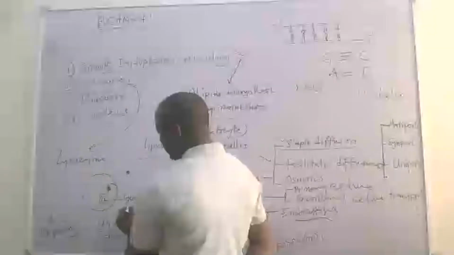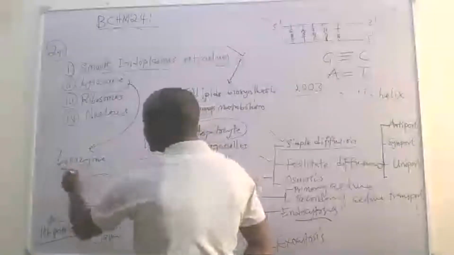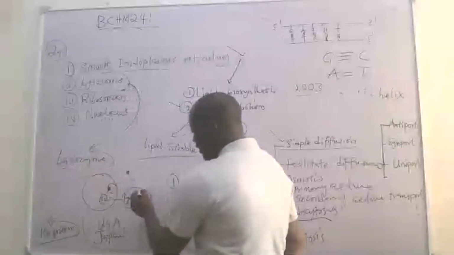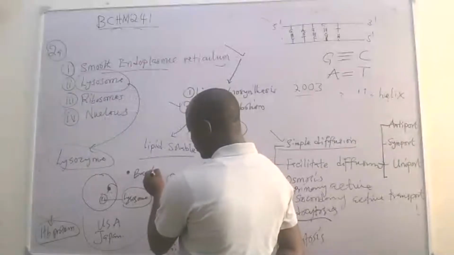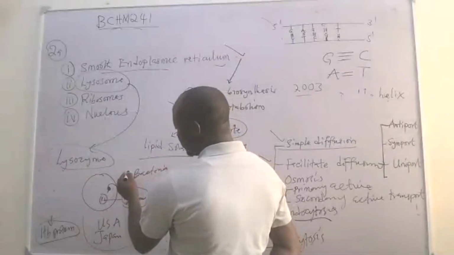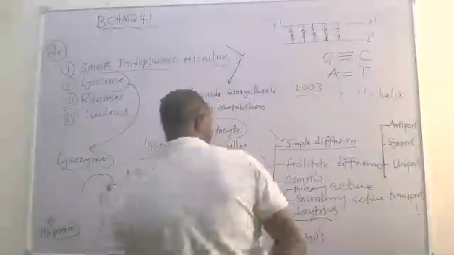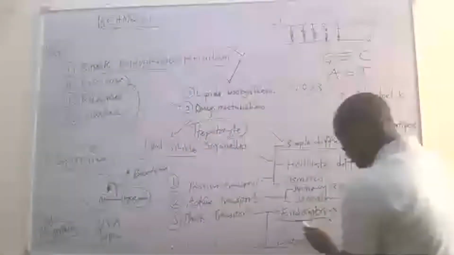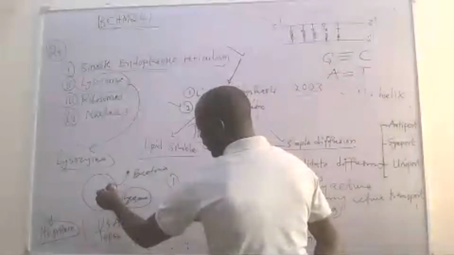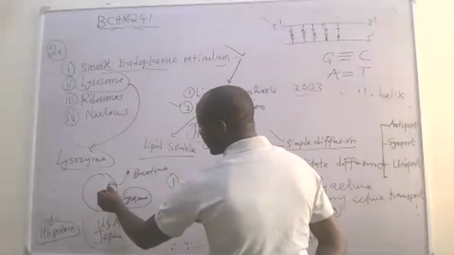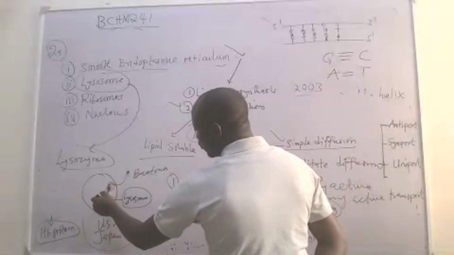The lysosome will now use its enzymes to degrade the bacteria or microorganism. So you have the bacteria, and it gets into the cell through endocytosis, and then the bacteria will move into the lysosome.